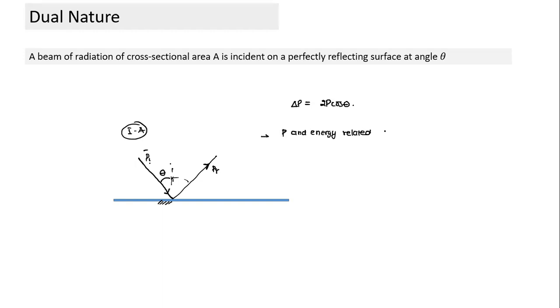Momentum is E by C, energy by C. What is the energy here? If I write it as Pi, the incident energy will be I into A into delta T, divided by C. So the change in momentum will be 2 into I into A into delta T by C, times cos theta.